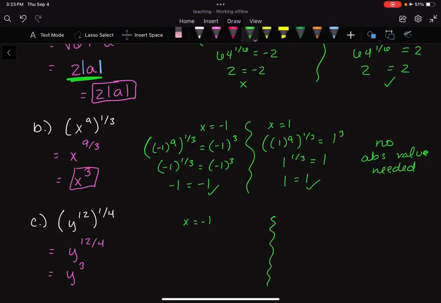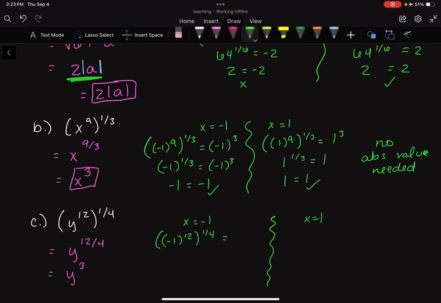I'll plug in -1 and I'll plug in +1. I'm just picking -1 and 1 because they're easy to plug in. And it's going to show us, do both of these work? So if I plug in -1, I get -1 to the 12th and then to the 1/4 power.